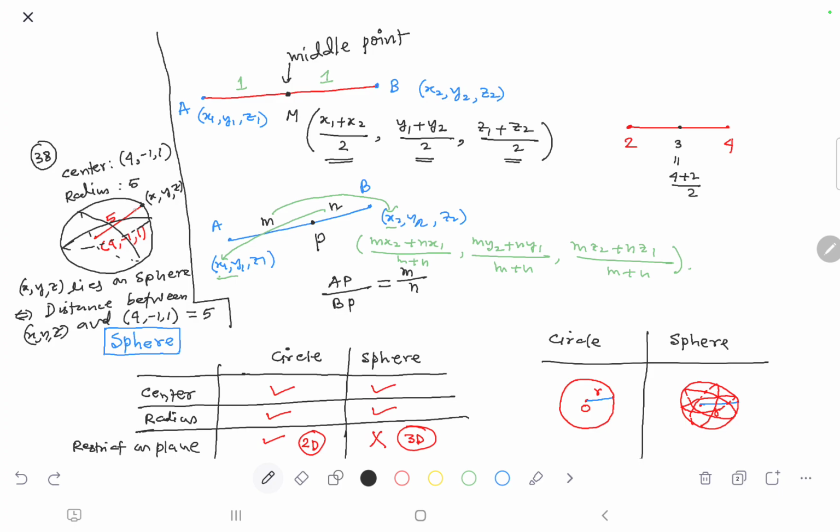Now we know the distance formula. What is the distance formula? It will be the square root of (x minus 4) whole square plus (y plus 1) whole square plus (z minus 1) whole square equal to 5.